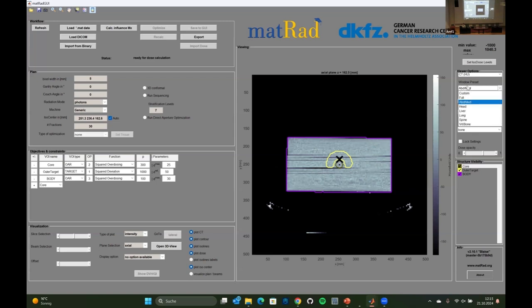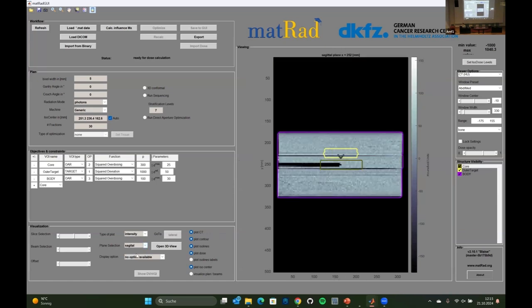And one interesting thing about this phantom is also we can, in this widget here on the left, look at different planes. So not only the actual plane, that's basically a horizontal cut to the patient's body, you can also look at other cuts. So you see that there's basically a hole in this phantom.